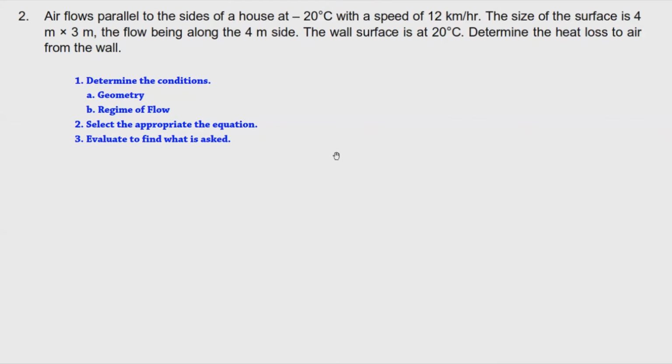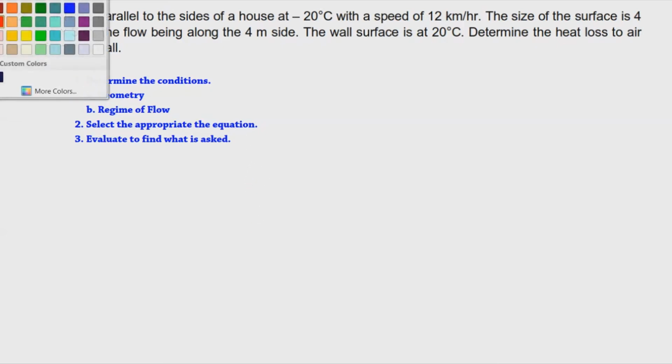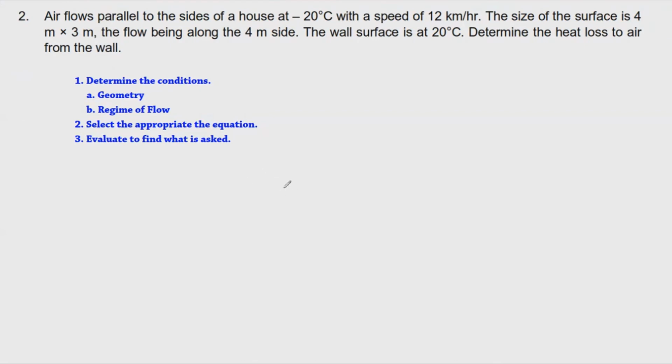I hope you've already read the problem, and before anything else, let us determine the condition. You might want to illustrate what happens, so I'll be illustrating it in a way that can be easily understood. Imagine this is the side of the house, and air flows parallel to the side of the house.